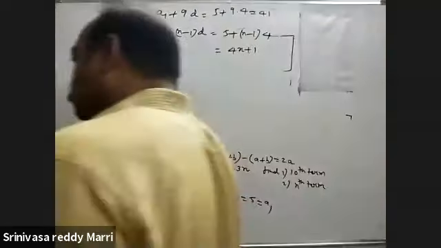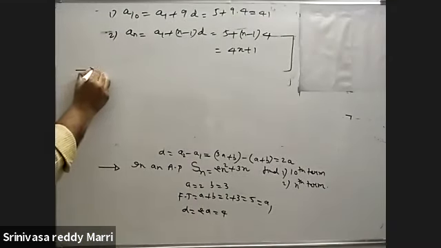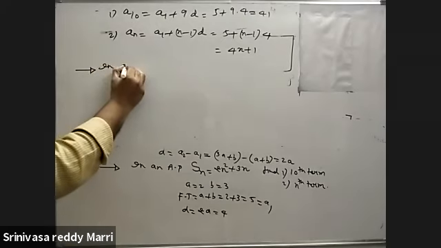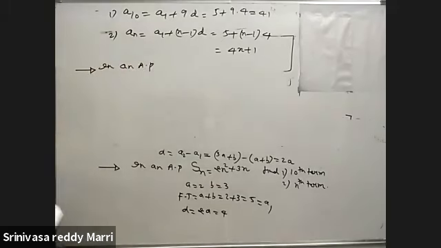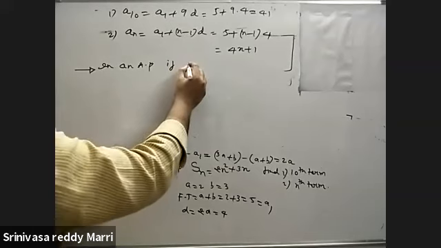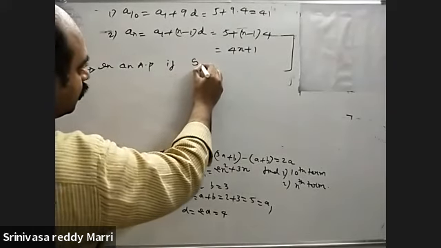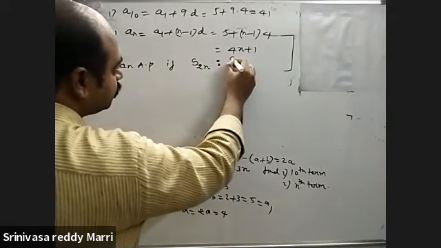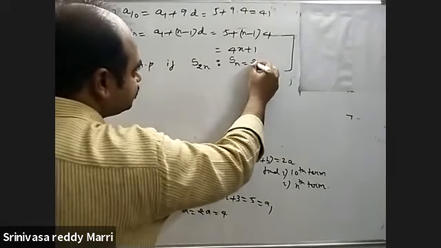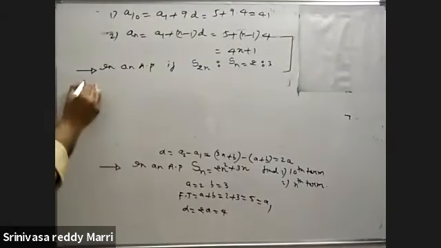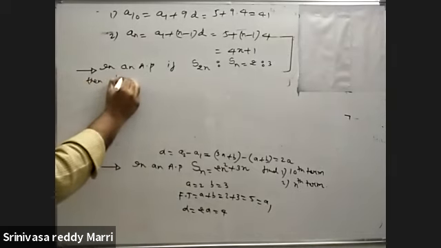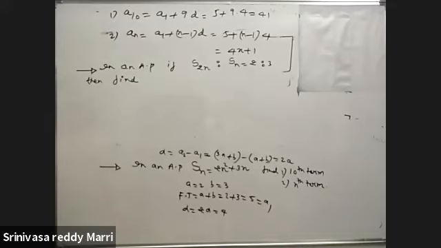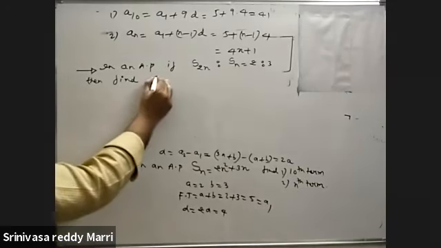In an AP, given the problem, if S2n is to Sn is given as 2 is to 3, then find S3n is to S2n.